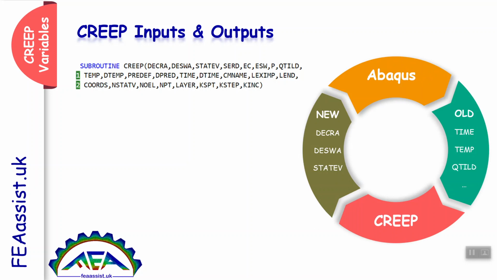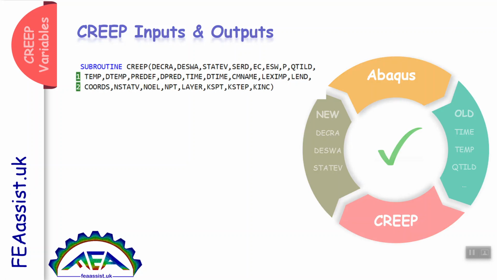Abaqus will again use the creep strain to compute the temperature, the stress, and these variables, and this loop will continue to solve our problem. This is how Abaqus and creep interact with each other, which is very important and necessary to write a good creep subroutine.